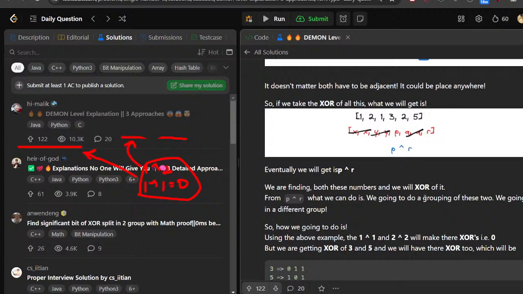So if we take the XOR of all these values, we will get P XOR Q. P XOR Q is known.